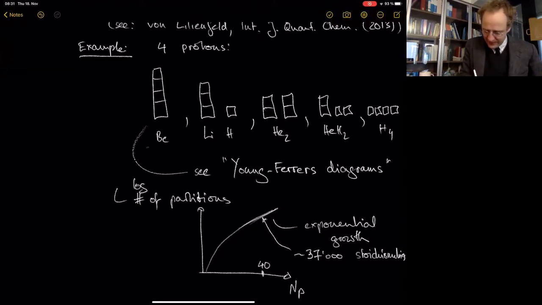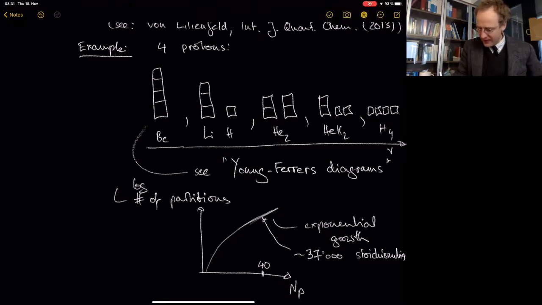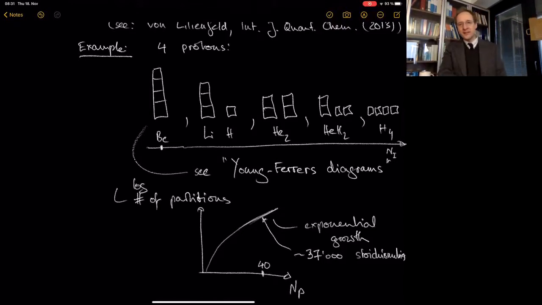You know, if on this axis you record the number of atoms in the system, and if you go to the case where you have just one atom, then of course this is the periodic table.